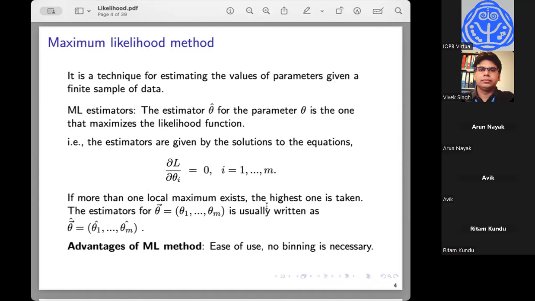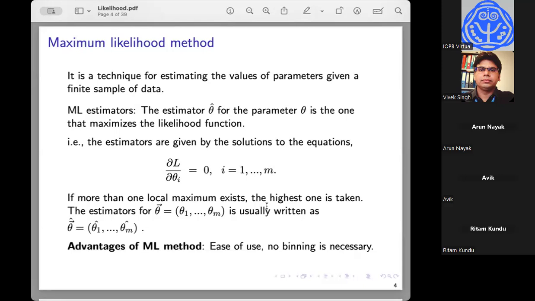Unbinned likelihood fit: you don't bin, you consider the events individually, and you consider the probabilities of the events individually. If you bin it, we'll come to that at the end of these slides, the binned likelihood fit.